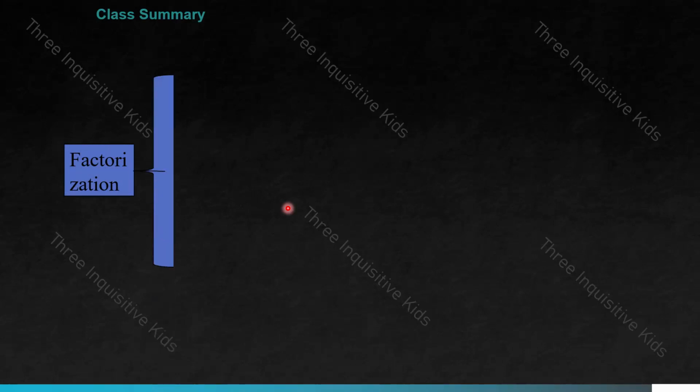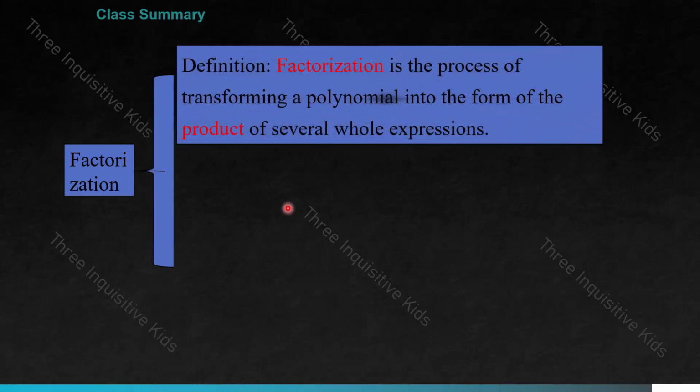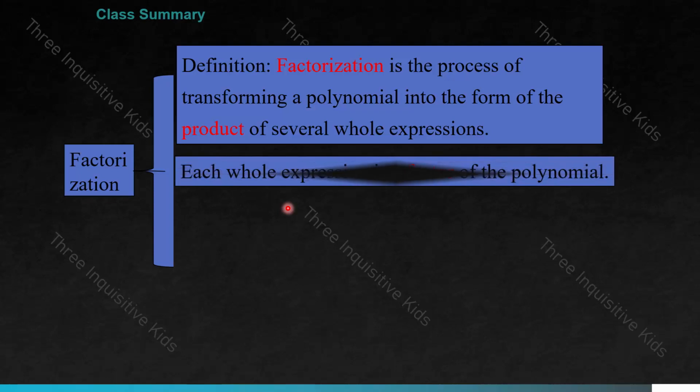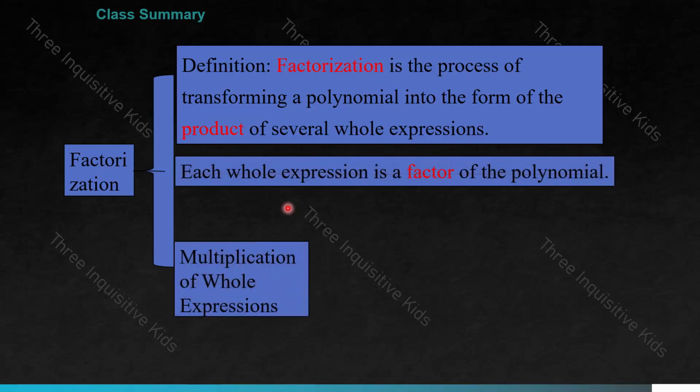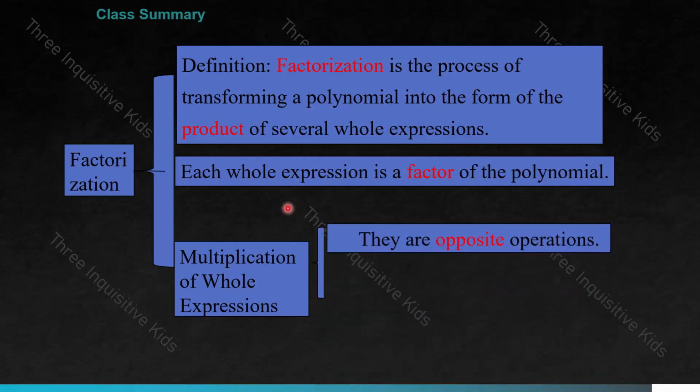So here is our class summary. Today we learned all about factorization. Its definition is that factorization is the process of transforming a polynomial into the form of the product of several whole expressions. Each whole expression is a factor of the polynomial. We also learned about the multiplication of whole expressions, its relationship with factorization.